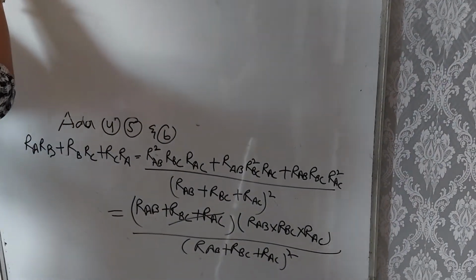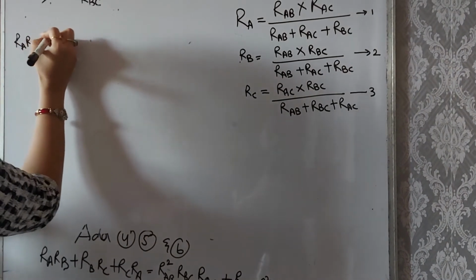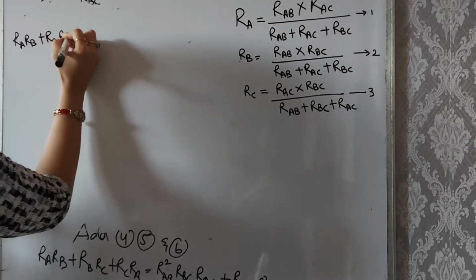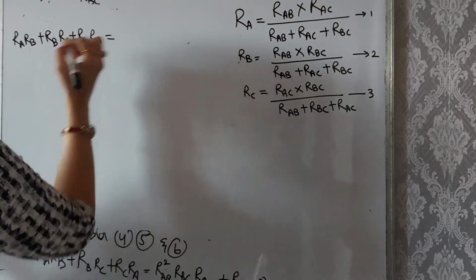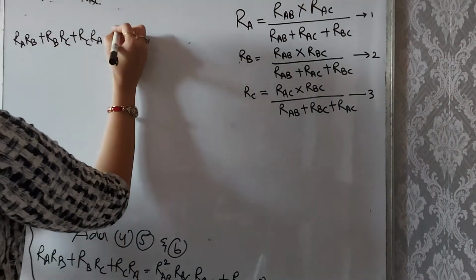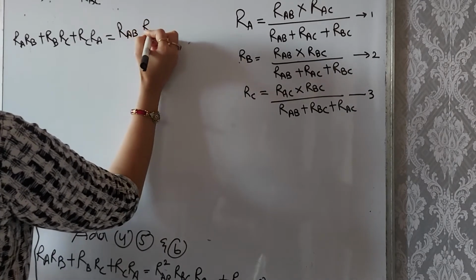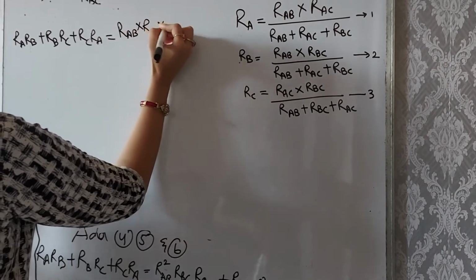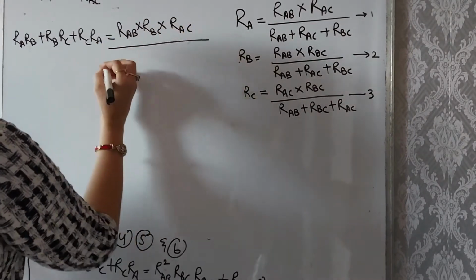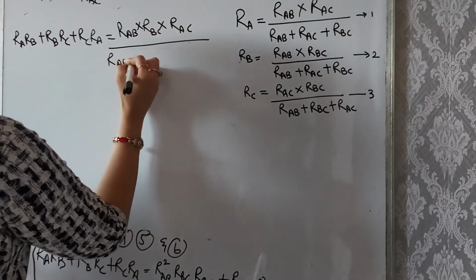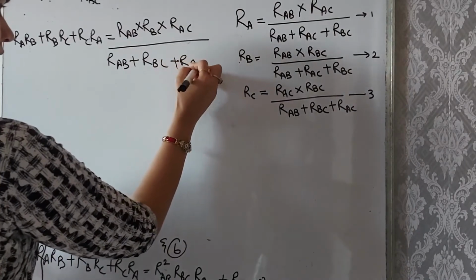It is RA RB plus RB RC plus RC RA is equal to RAB RBC into RAC upon RAB plus RBC plus RAC.